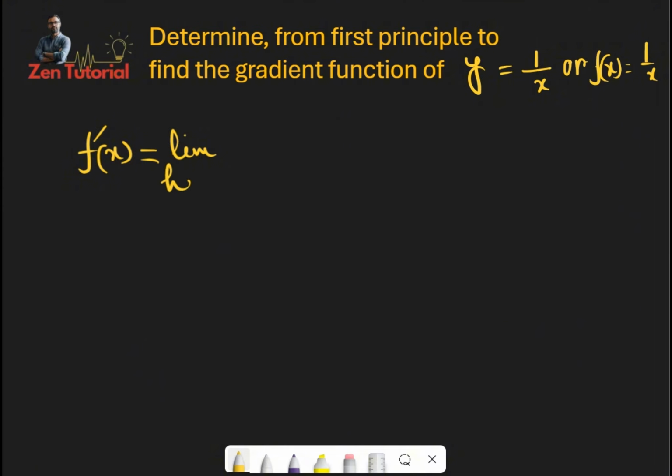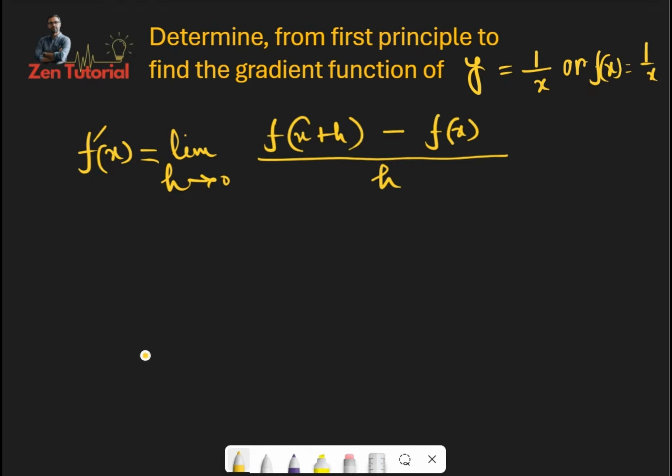Limit h tends to 0, over h, f of x plus h minus f of x, right? Limit h tends to 0, over h, so the value of f of x plus h. Here the function f of x is equal to 1 by x.